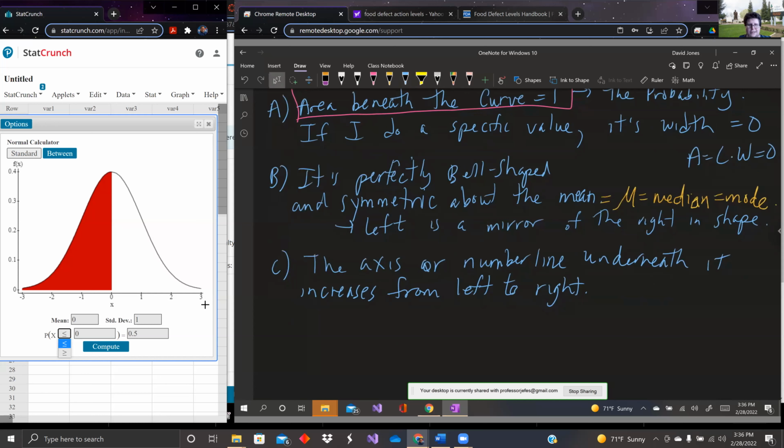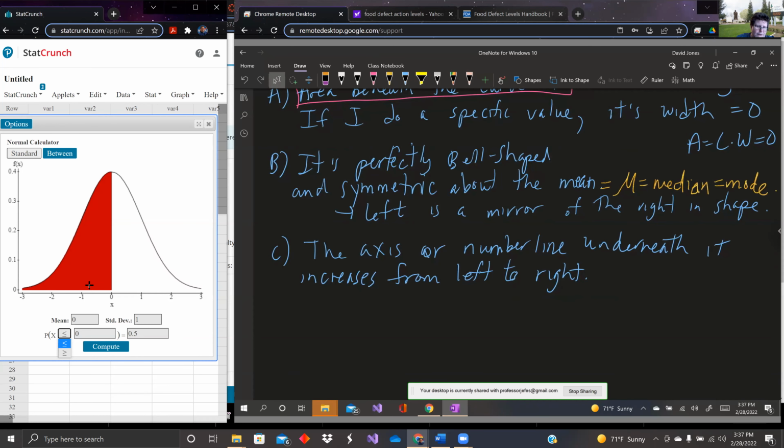It kind of shows it here, but notice that the red never actually touches that axis, that number line. The graph never touches the number line, which means the probability for any region is always greater than 0.